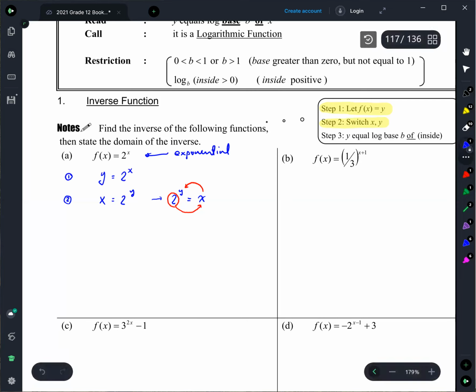Okay, so your step 3, log base 2 of x equals y. So this is called the log function.